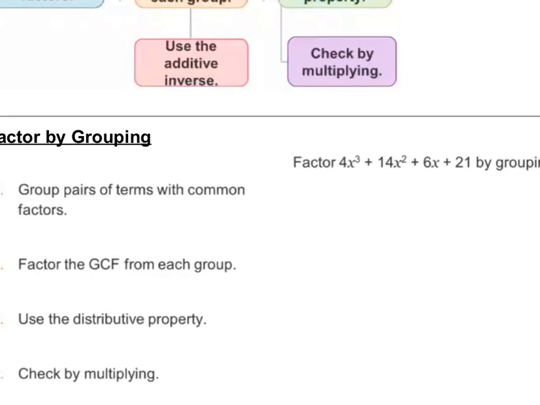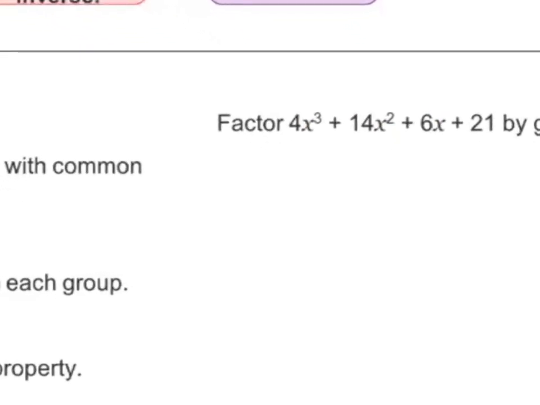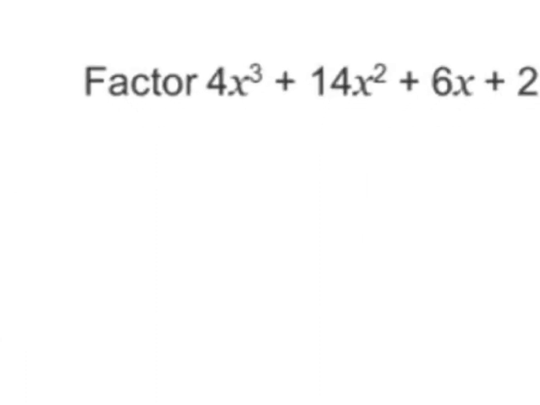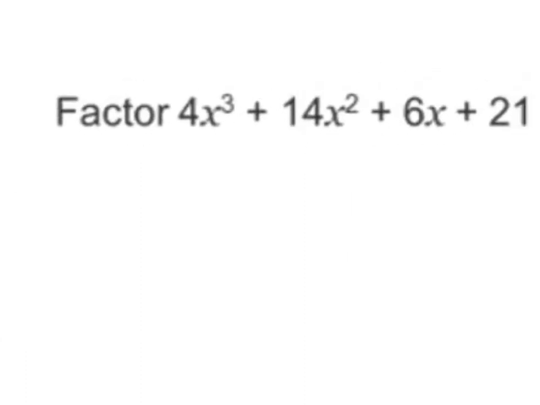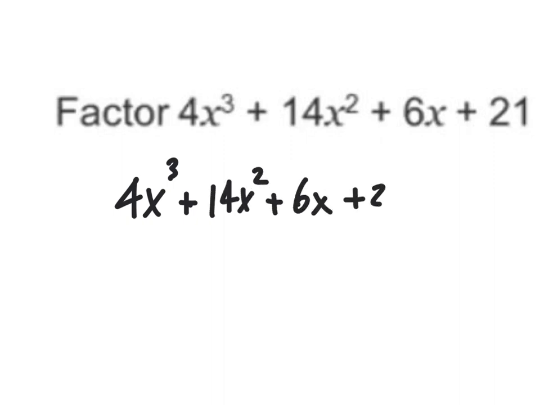So what I want to do is take this polynomial, 4x cubed plus 14x squared plus 6x plus 21, and factor it. We want to group the pairs of terms with common factors. Let me zoom in and rewrite it: 4x cubed plus 14x squared plus 6x plus 21.